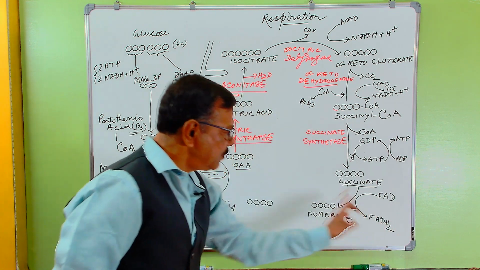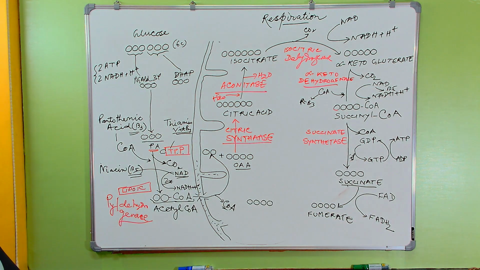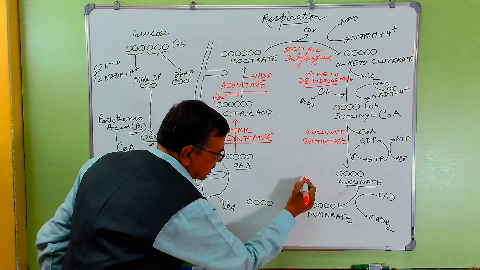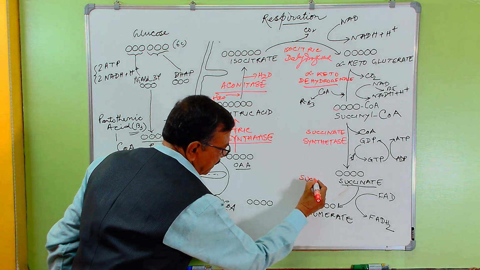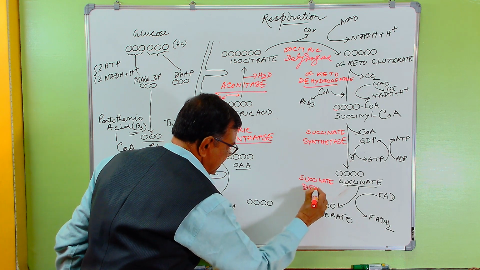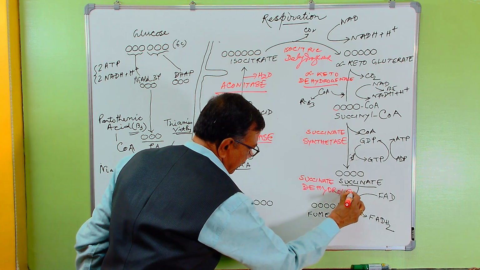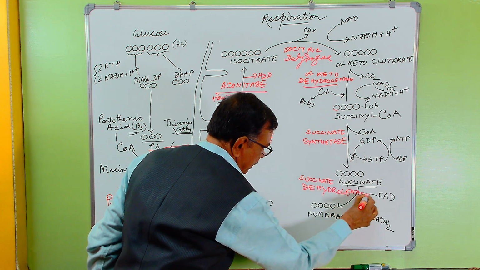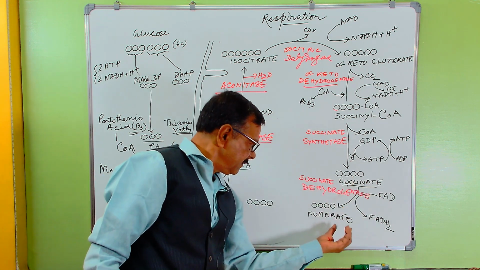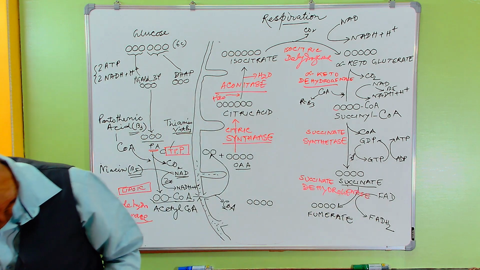So here FADH2 will be produced, and succinate to fumaric acid will be done by succinate dehydrogenase, because hydrogen is going out. Succinic acid will be converted to fumarate with the help of the enzyme succinate dehydrogenase, and here FADH2 will be produced.